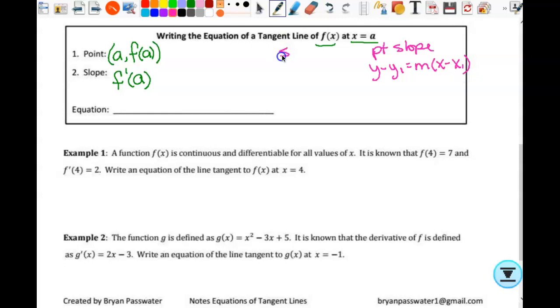Slope intercept, which would be y equals mx plus b. That sound familiar? Anybody tell me the third way? Probably not, and that's okay. It's standard form, which you do a lot in like algebra 1, and then you really kind of don't use it very much. Looks something like that. Oh, no, that's by. Good Lord. by equals c.